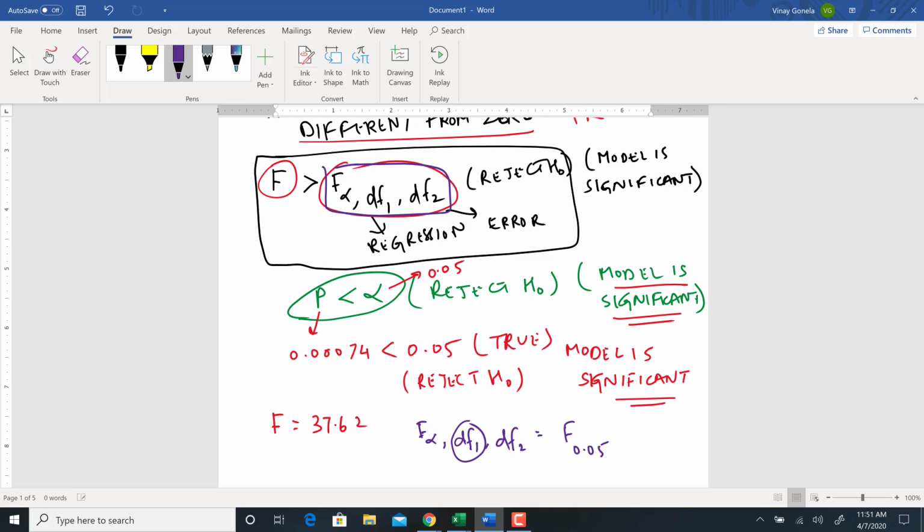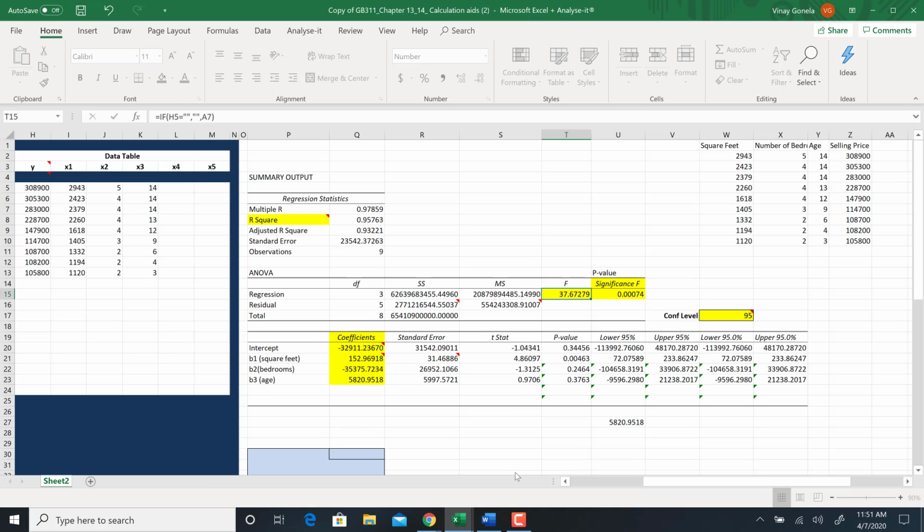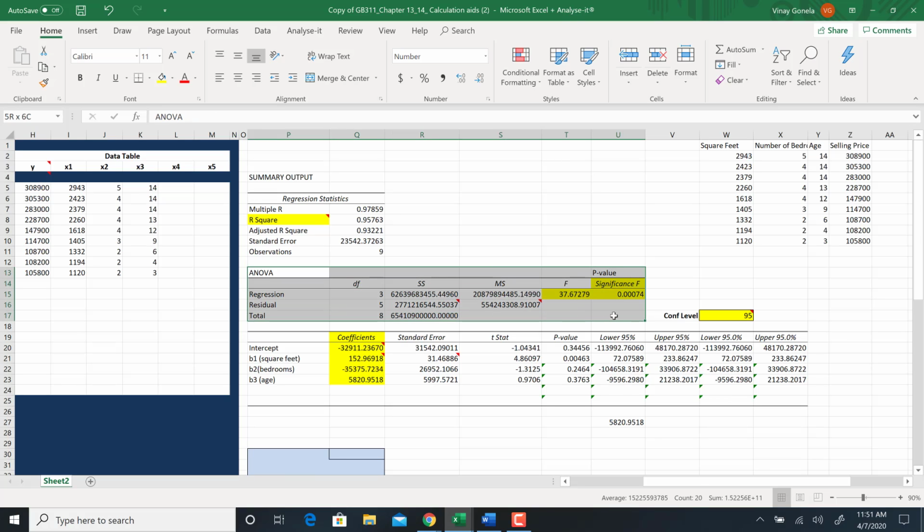Degree of freedom 1 comes from regression. So I will go to our ANOVA table again, and this is our ANOVA table. I'm looking for the degree of freedom for regression. That is 3.